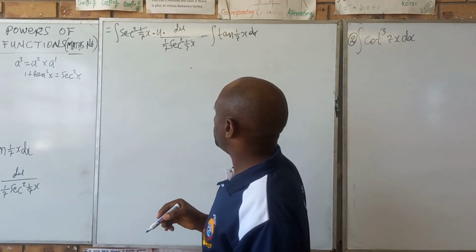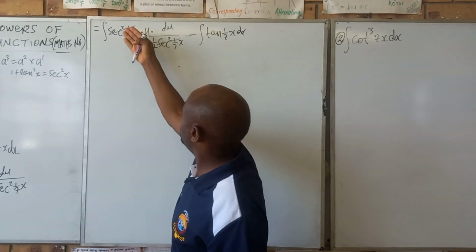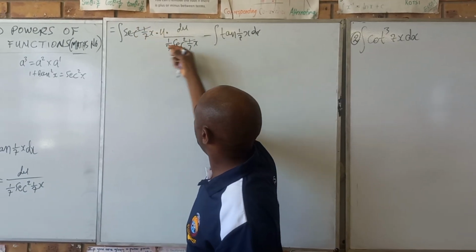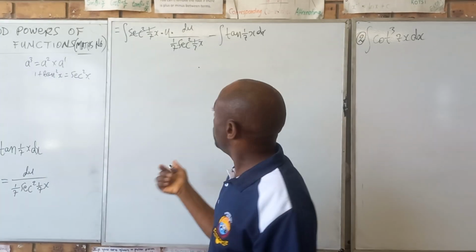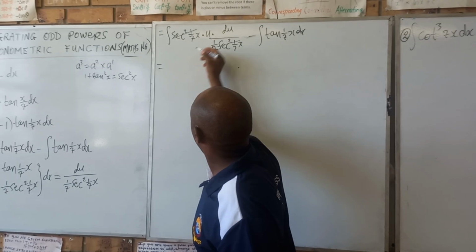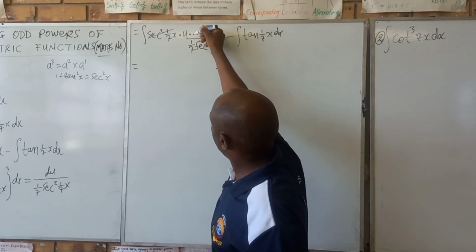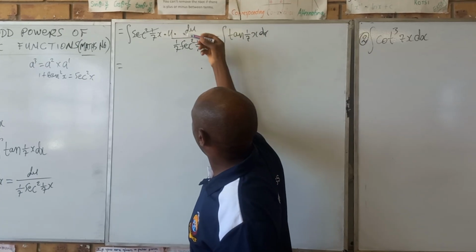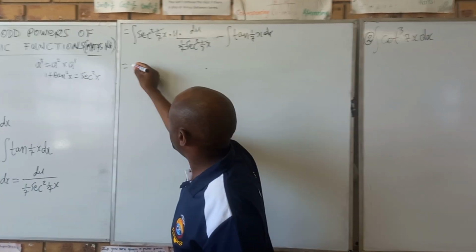To prove that the substitution was correct, you see that the x is completely eliminated and replaced by u. Then here you get 1 divided by 1 over 7. If you don't know how to do that, you just use your calculator. So that there is a 1, which will divide 1 over 7 to create a 7.